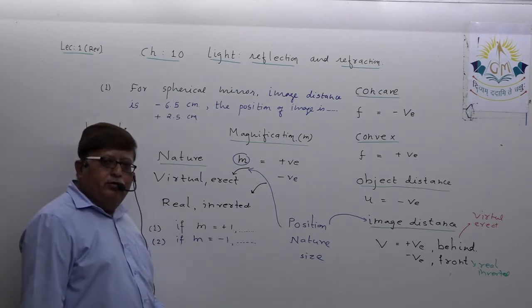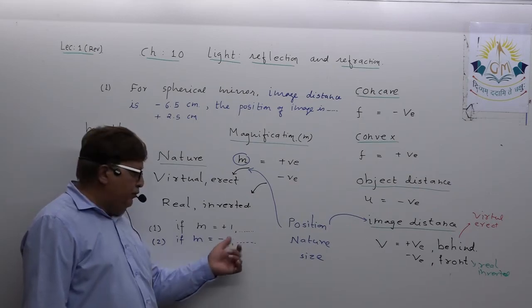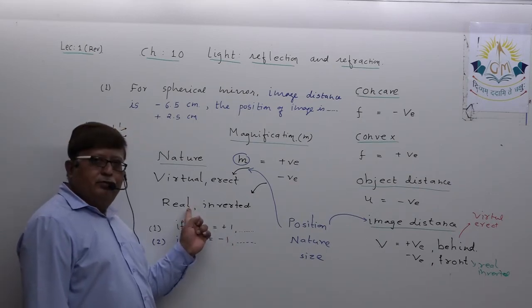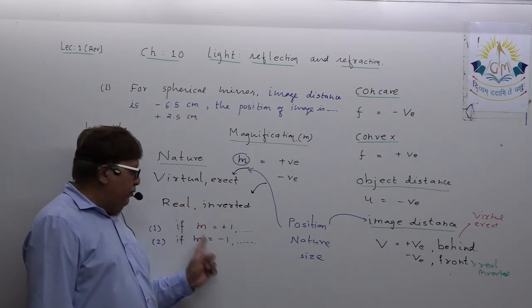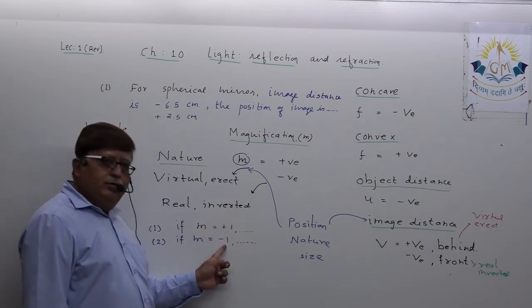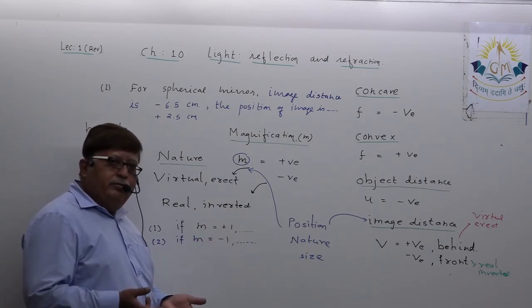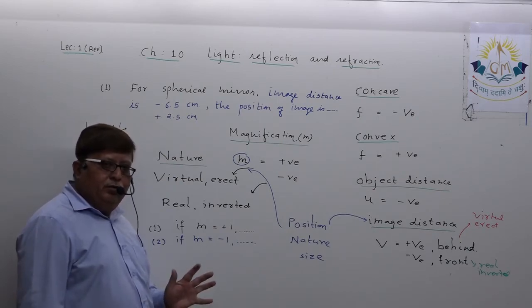M equal to negative 1. Can you guess what could be the nature and size of the image? Negative. Concept needs to be very clear. Negative, real, inverted, 1, same size, dear student. Very clear in your mind.